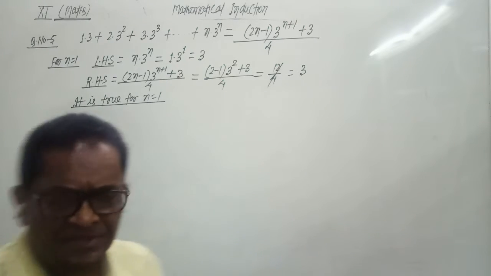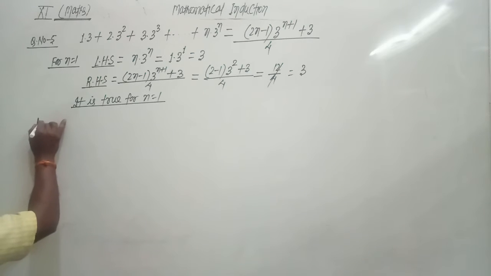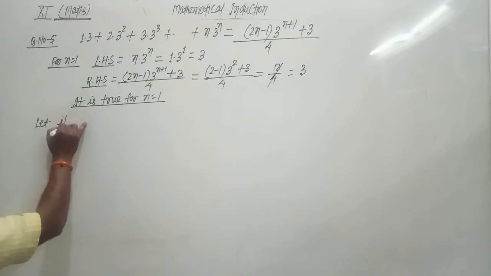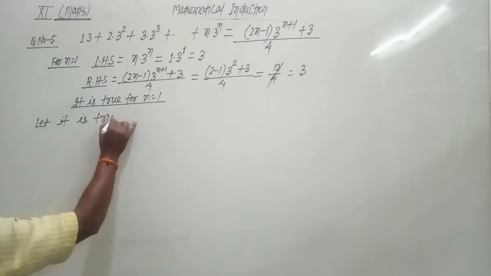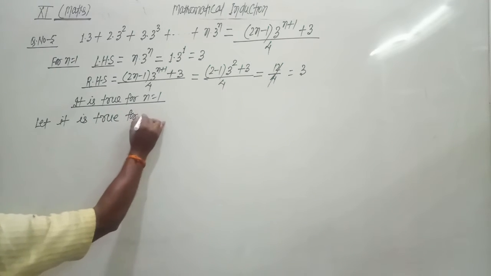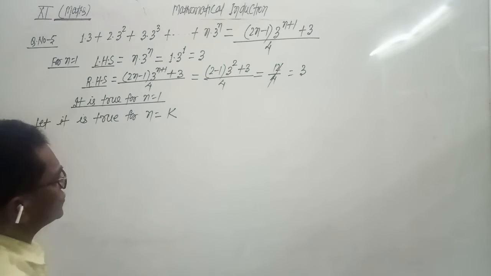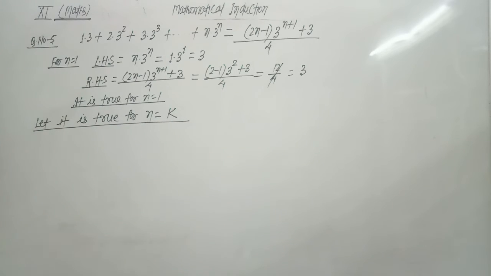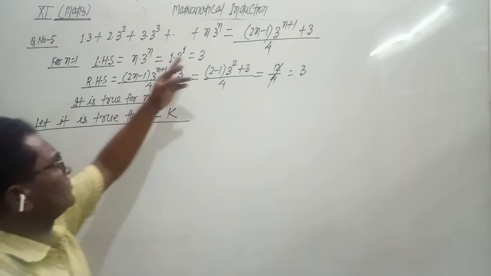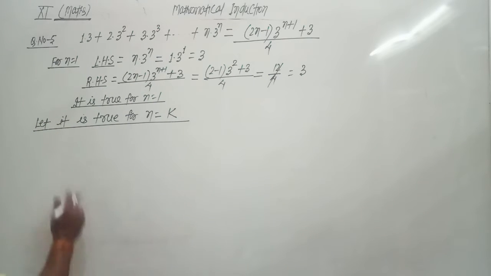And for the next step, we suppose it is true for n equals to k. This we have supposed. And in place of n on both sides, we will put k.